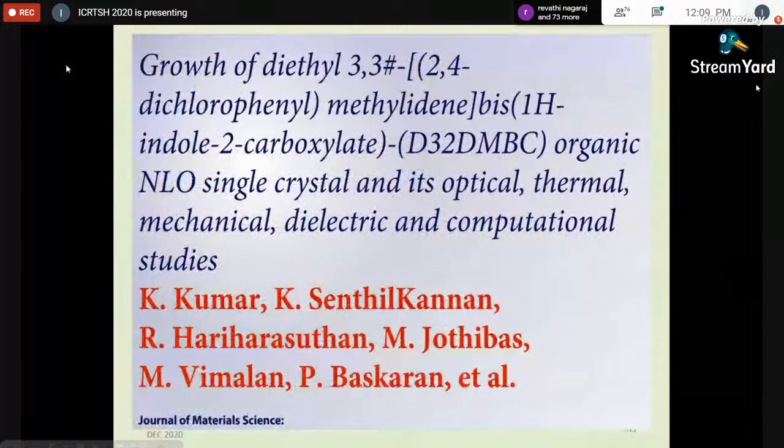There is also the 3,3 D32 DMBC crystal for thermal and mechanical applications, and dielectric and computational studies. I would like to thank the scholar Mr. Kumar for his work, and we have published the same in the Springer Journal of Materials Science. Next slide.